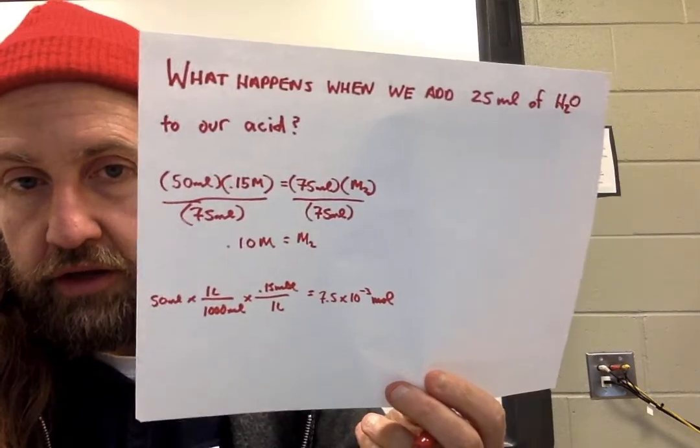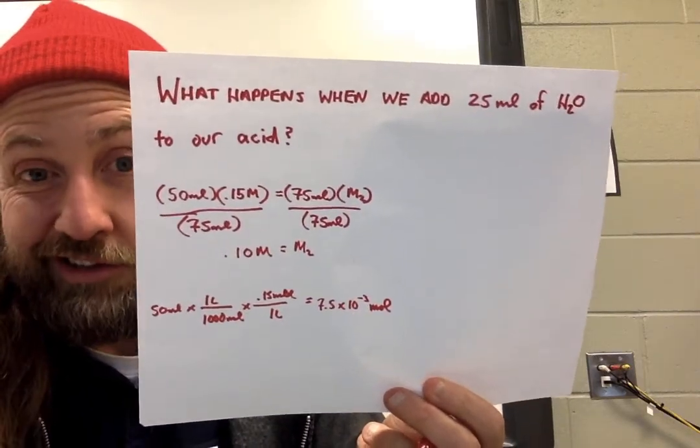Okay, and so that pulls out the moles that we have. 50 divided by 1,000 is 0.05 times 0.15 is 7.5 times 10 to the negative third moles of the acid. Okay, and you're like, Mr. Burr, that's not the same.